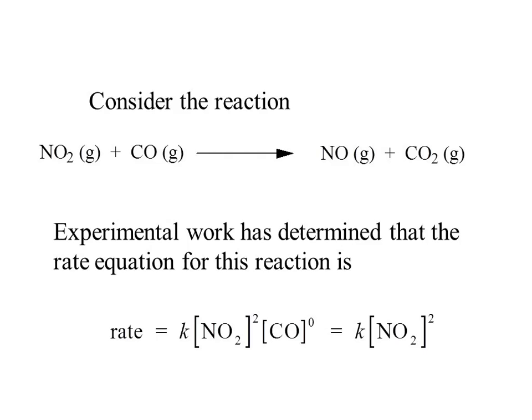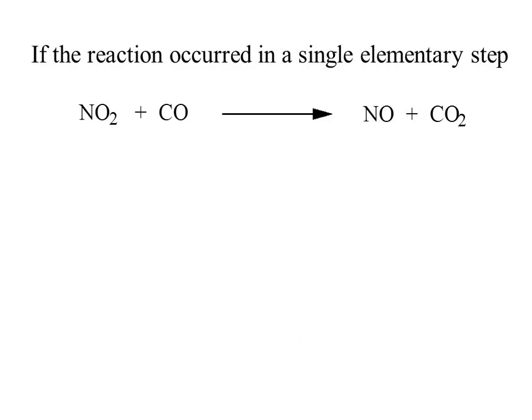So you're all right. So that means that the rate determining slow step, that first initial slow step, needs to somehow account for NO2 being bimolecular.